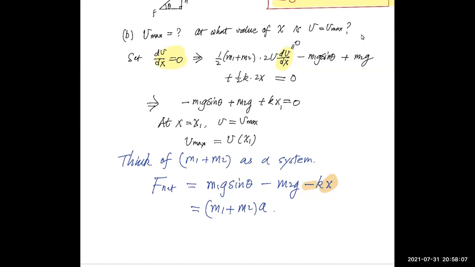So at some point, the negative kx term becomes large enough so that the entire expression, which is f net, starts to turn its sign. It went from positive to 0 and eventually to negative. When f becomes negative, that means the thing is going to slow down, because you have a negative acceleration.